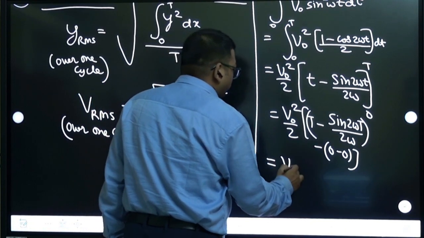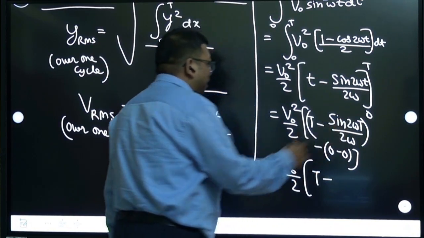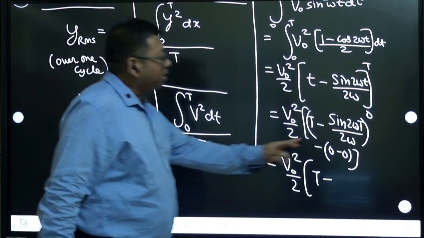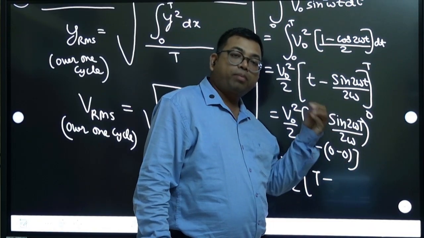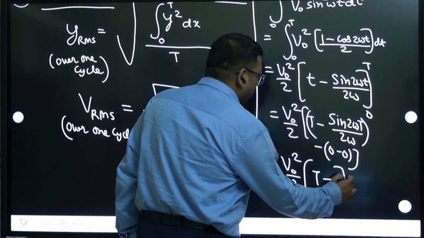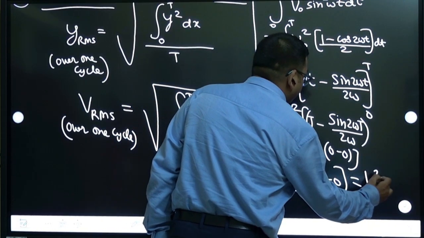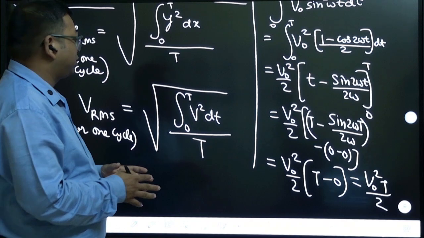Omega T was 2 pi, so it will become sine 4 pi. Sine 4 pi is also 0, so this term is 0. So what you are going to get is v naught square T by 2. Clear?